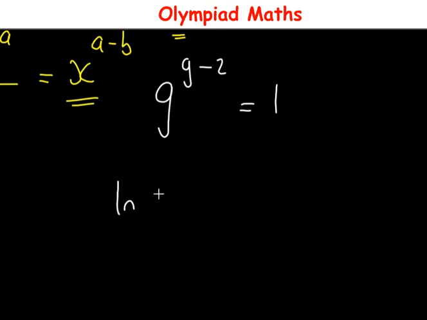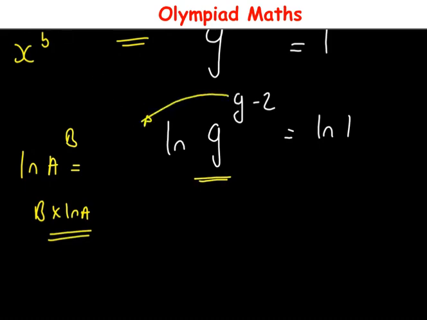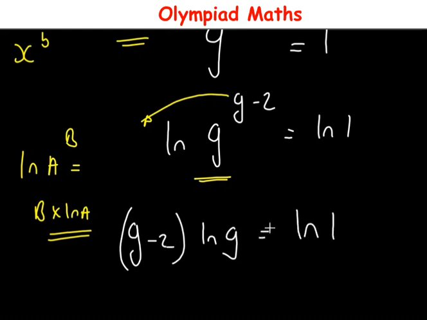So we have ln g raised to power g minus 2 is equal to ln 1. Following this rule of natural logarithm, that if you have ln a raised to power b, this equals b times ln a. Applying this rule right here, g minus 2, which is the power, comes over to this side, and what we then have is g minus 2 multiplied by ln g. This is equal to ln 1.